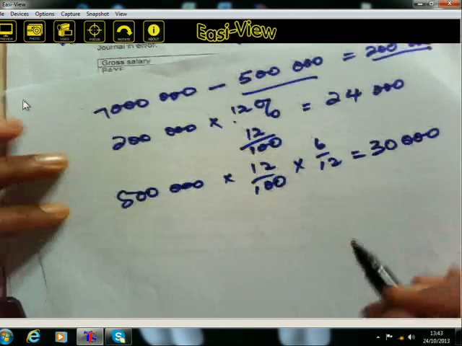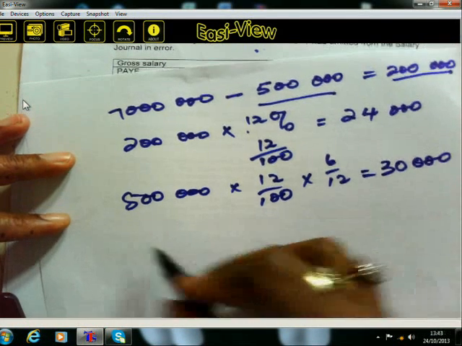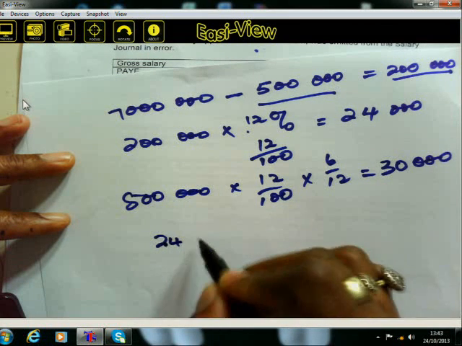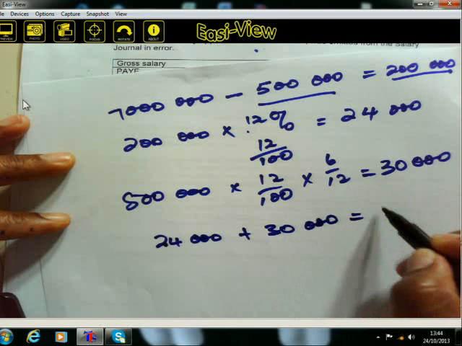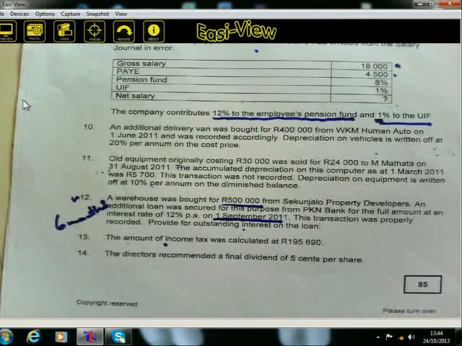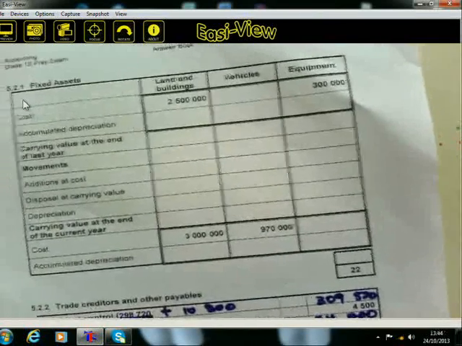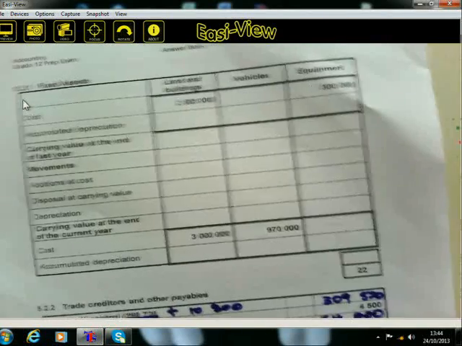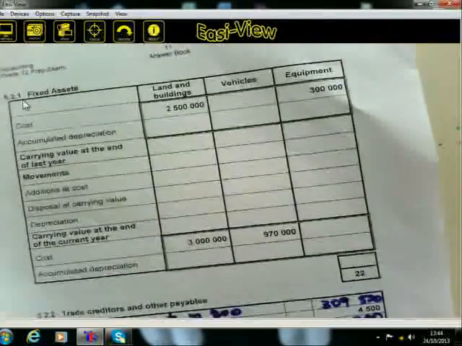So all in all, our accrued expense on interest will be 24,000 plus 30,000, which will give us a total of 54,000. Now at least we know that our accrued expenses is 54,000 rand.